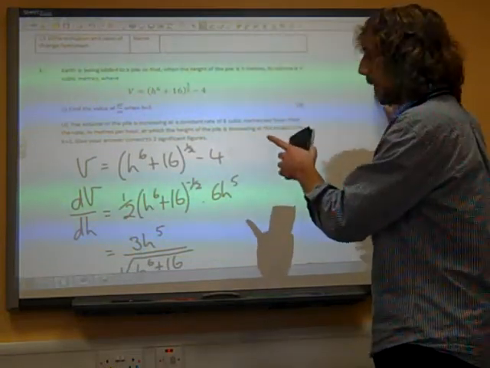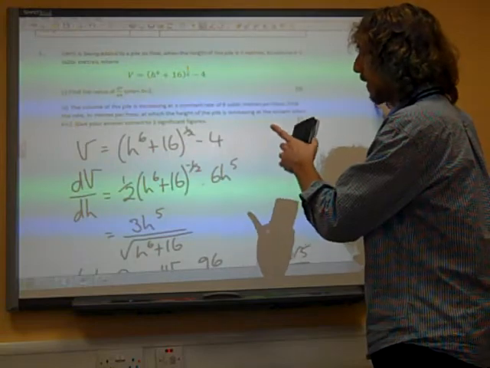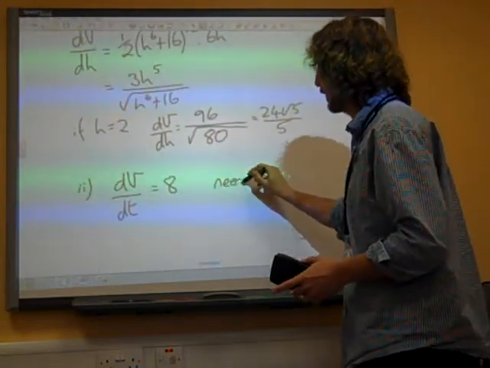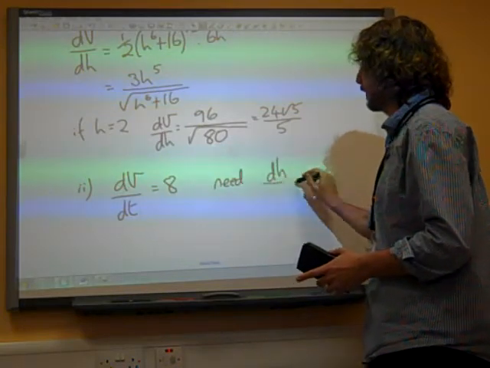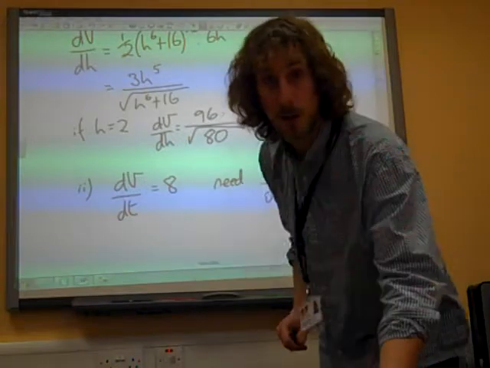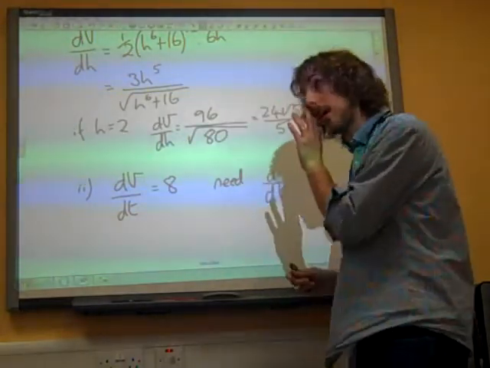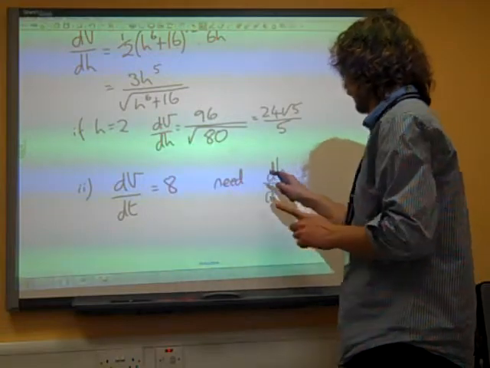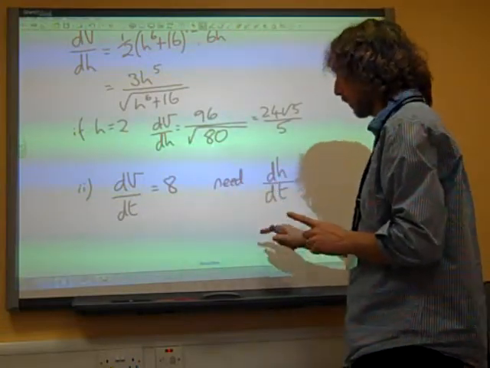Find the rate in meters per hour at which the height of the pile is increasing. So we need the rate that h is increasing with respect to t. So we've got connected rates of change. We're going to use the chain rule here. We've got v on the top twice and t on the bottom twice.